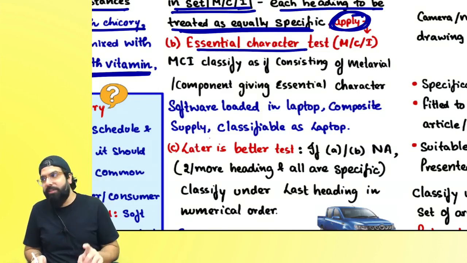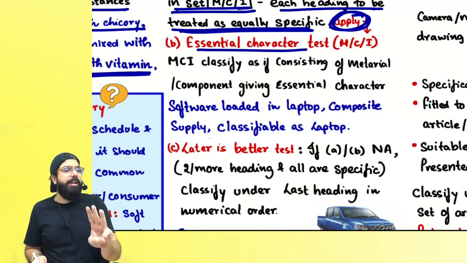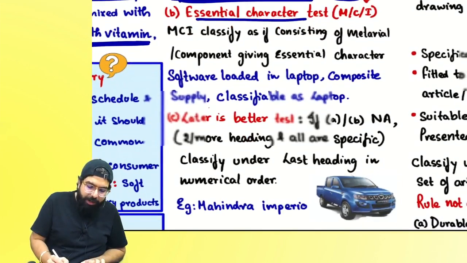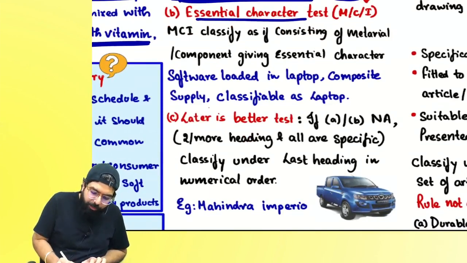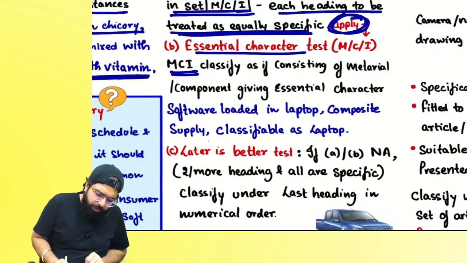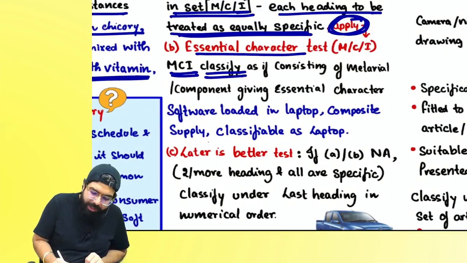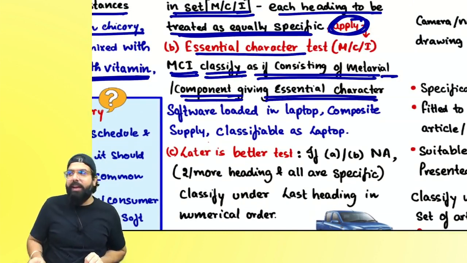Mixtures, composite goods or items in a set are always to be classified as if they consist of that material or component which gives the essential character.